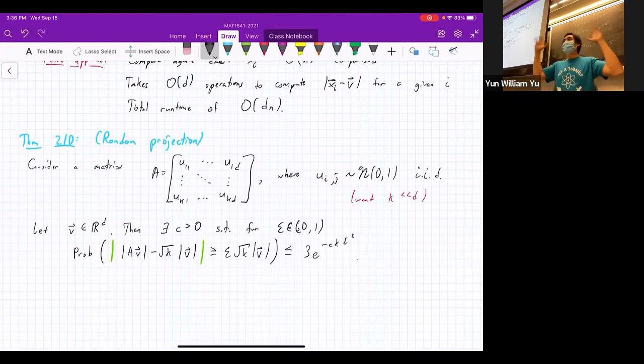Okay, so this A matrix is projecting from this high d-dimensional space into the smaller k-dimensional space. And what we want to say is something about preserving norms, and that's basically what we're formalizing here.